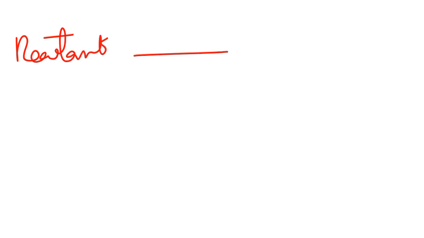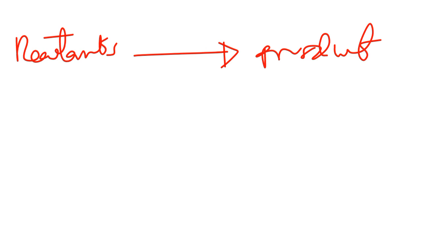maybe we say that if you have a reactant that tends to react to form a product with a certain condition, this is what we call a chemical reaction.